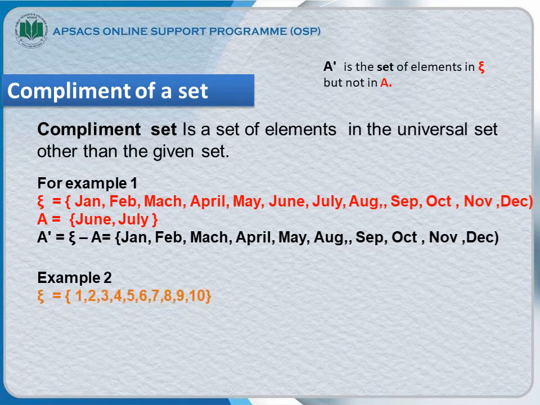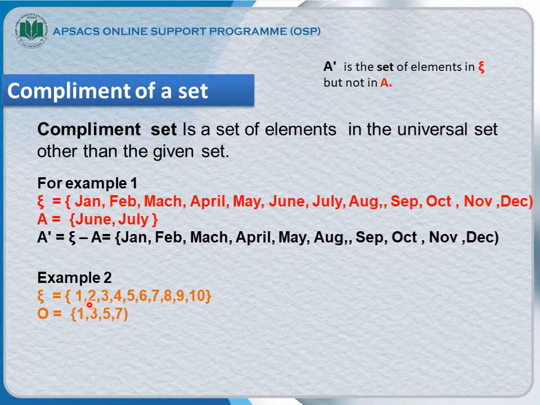Example number 2. In the universal set, we have natural numbers from 1 to 10. And the second set O, we have odd numbers. Now, the complement of set O is the elements that are not present in set O. Which elements are not present in O?